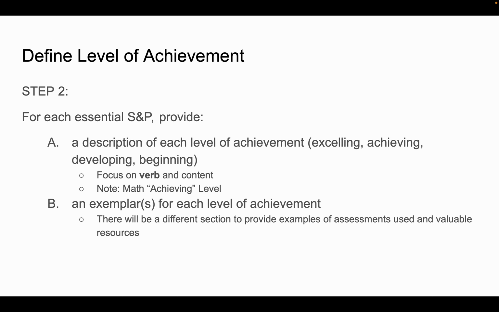There will be a different section provided on the document to provide examples of assessments that you use, as well as other valuable resources that you use. But what goes into this section is a picture or just somehow an exemplar of what that level of achievement looks like. In an email that Carly's sending you, you will have a description of where you're going to be putting those exemplars moving forward.